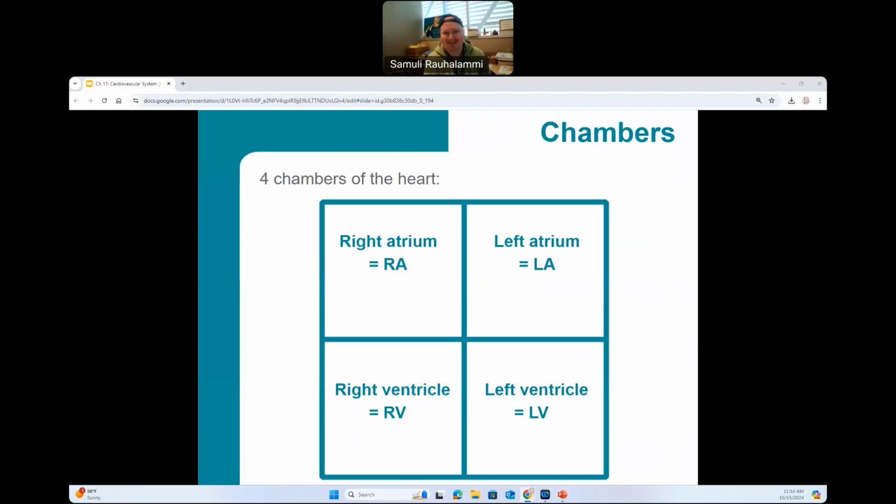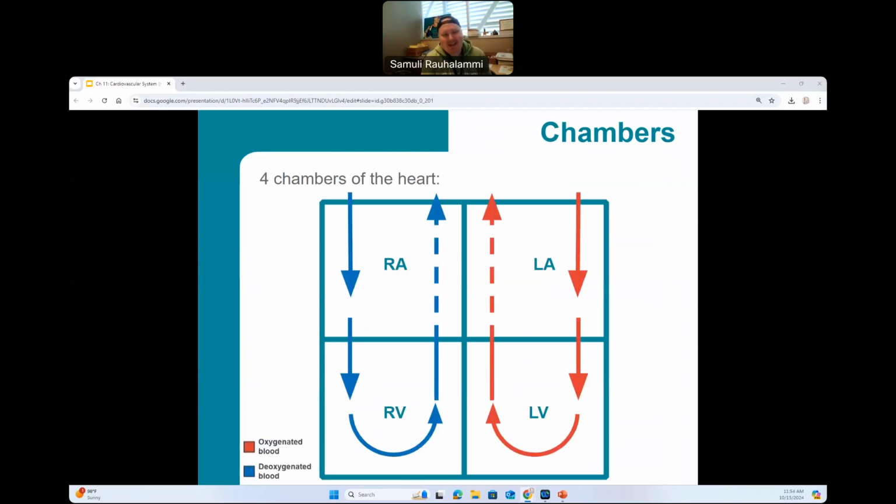How about we do that? So what we see, and let's start on the left upper corner, we see that the deoxygenated blood, which is symbolized with blue color on this diagram. So this is the blood that contains little oxygen, is low in oxygen concentration. That is being collected from the circulation of the body.